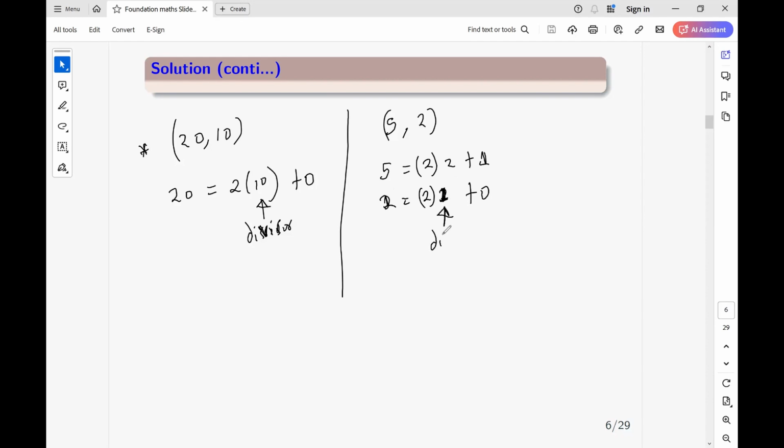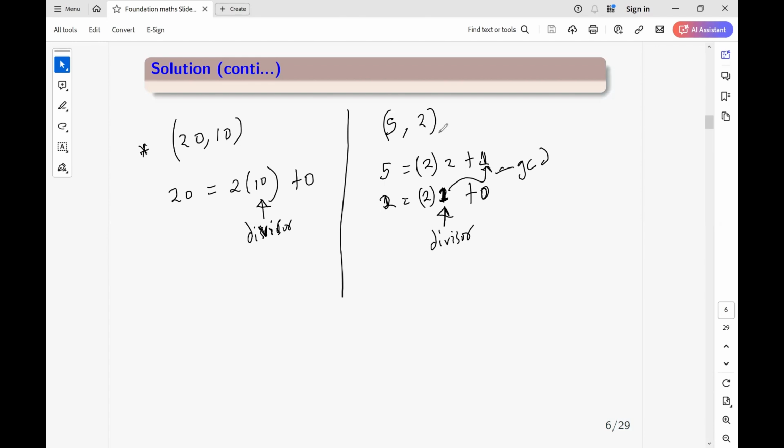And this last divisor that gives us a 0 remainder is the GCD. I don't know whether you've seen my point. The divisor at that point, when you're getting the remainder to be 0, is the GCD.